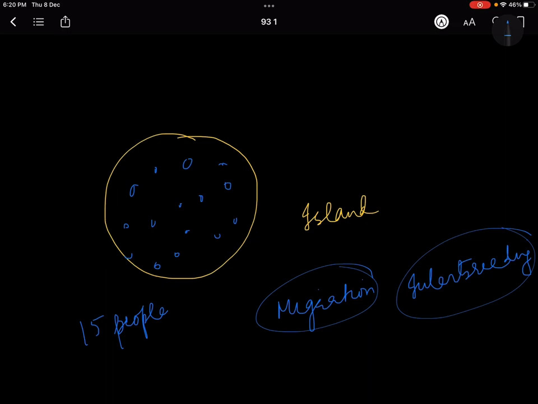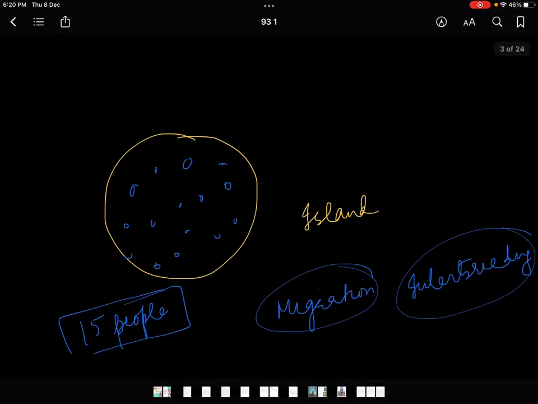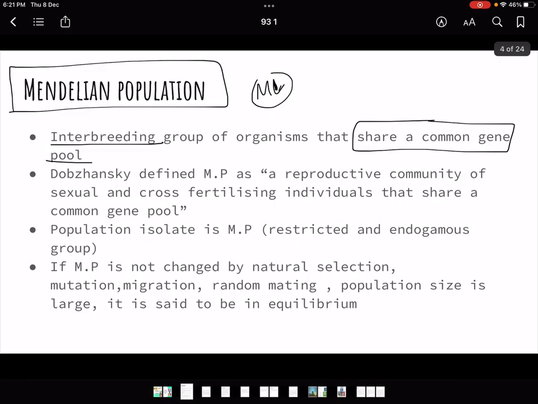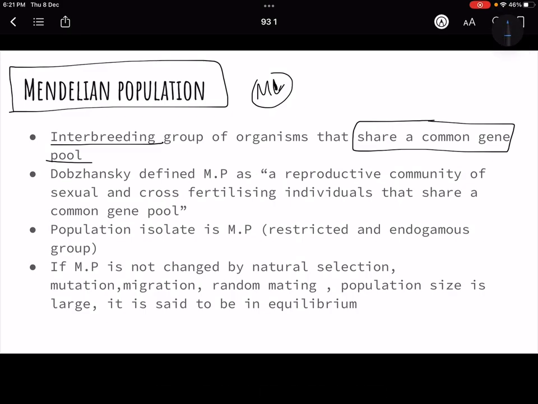This is their gene pool, because whatever genes are present in these 15 people are only going to get recombined within each other. So whatever gene pool there is, it is derived from these 15 people, which is going to get recombined in different combinations, and that is the whole common gene pool that they are going to have.